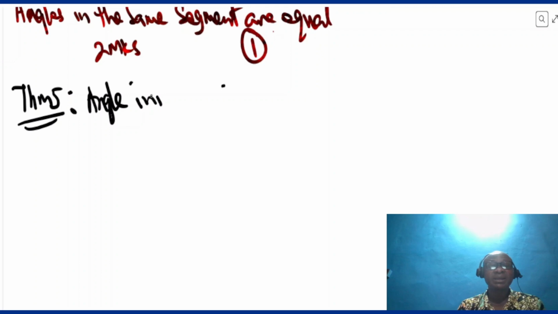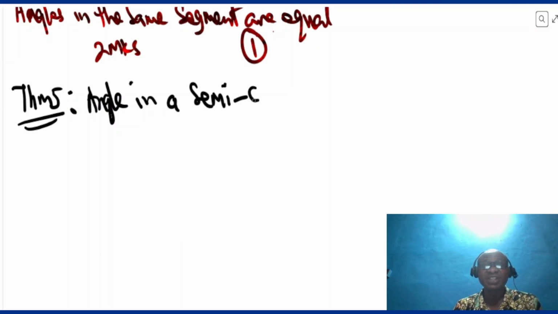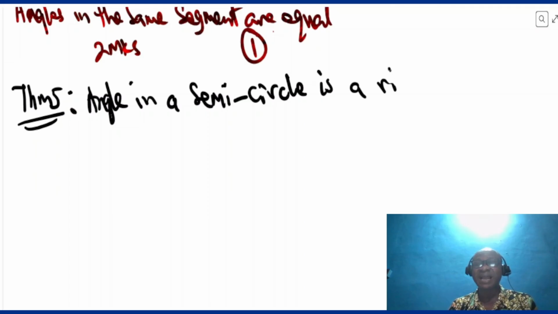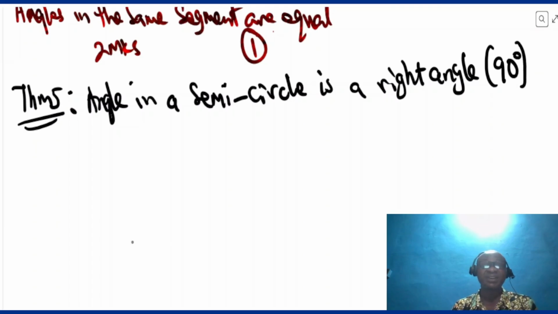Angle in a semicircle. You can see semicircle is mentioned. One of the terms that came out when we were explaining circle is a right angle. And what is the meaning of right angle? Right angle means 90 degrees, angle 90.